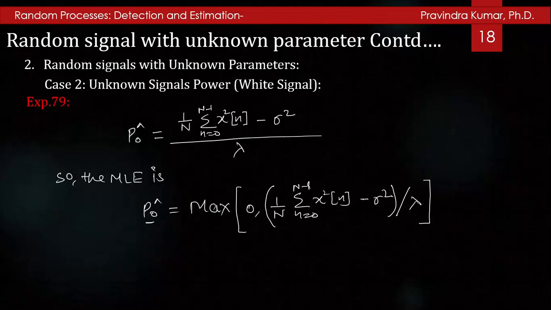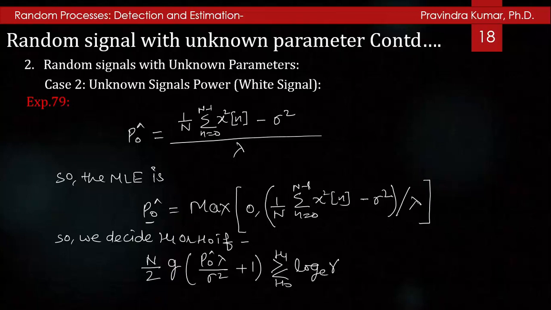For this MLE P naught cap, we can find that we decide H1 or H0 if n by 2 g of (P naught cap lambda by sigma square plus 1) is greater than or less than log gamma, where g(x) is x minus log x minus 1.